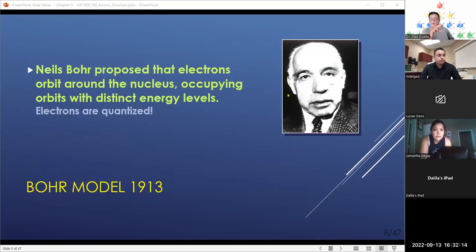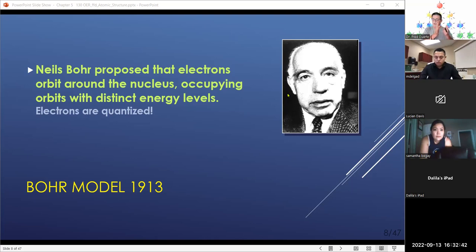So Niels Bohr, here's another scientist from the 1900s, just as famous as the other guys. He proposed that electrons of the atoms orbit around the nucleus. And he went further to say that these electrons orbiting around the nucleus are in distinct energy levels, okay?